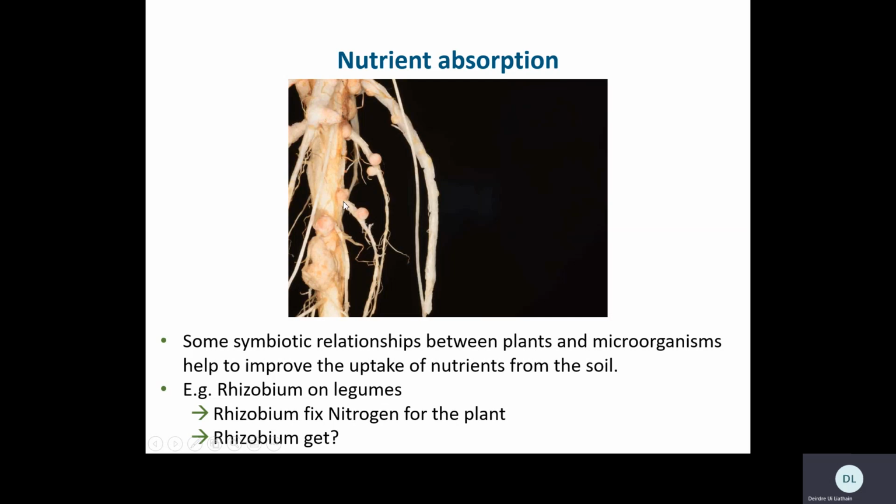So they can get access to sugars from the plant's phloem, and that is their source of nutrition. So that's why it's an example of symbiosis. The rhizobium give fixed nitrogen, or what that means is they change the nitrogen into nitrate for the plant, and then the rhizobium get their own sugars as a food source.